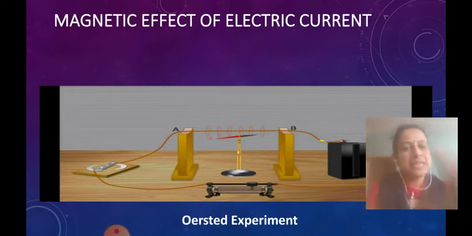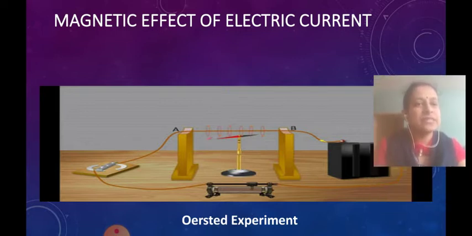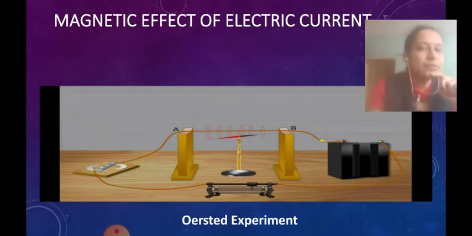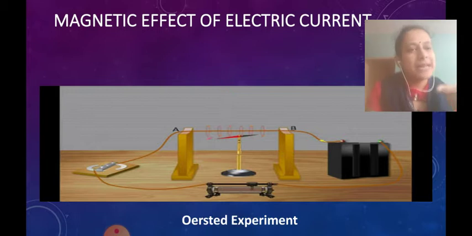So once he pressed the key, the current started flowing from positive to negative. So you can see here in this case, wherever positive is there, the current will start flowing from positive to negative. And once the current started flowing through the wire, the magnetic needle started deflecting.